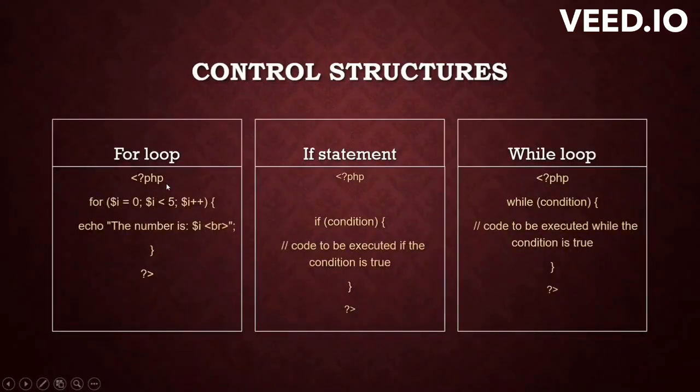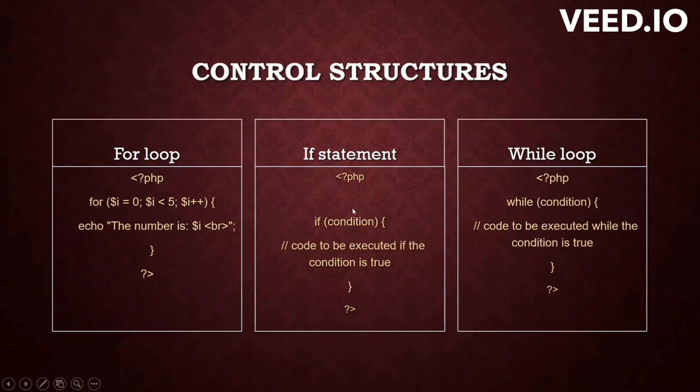Here is an example of a for loop. The code is written between the opening and the ending of the PHP code. Here we apply a for loop with variable $i using the dollar sign. We know that the dollar sign is used for a variable, and then i continues up to 4, increasing each time, and echo prints the number 5 times.